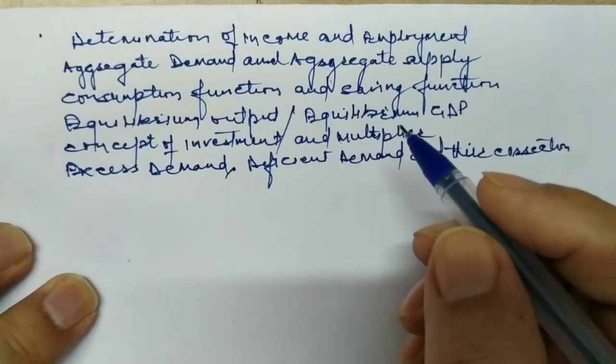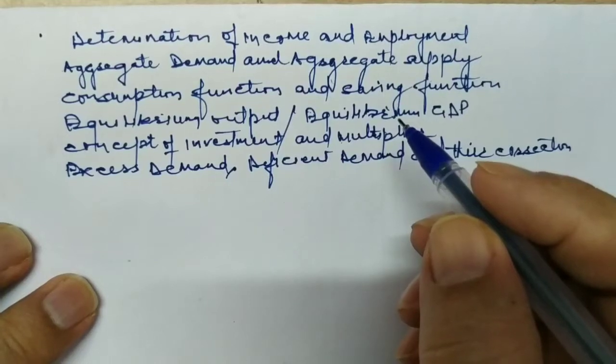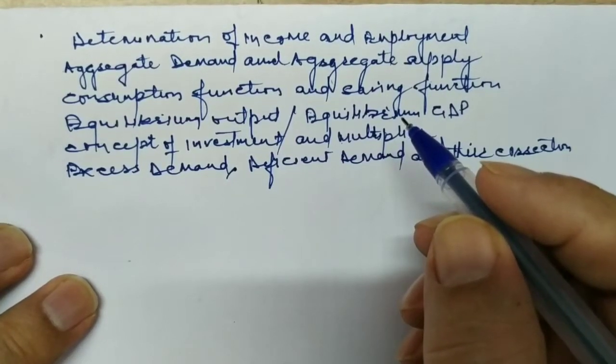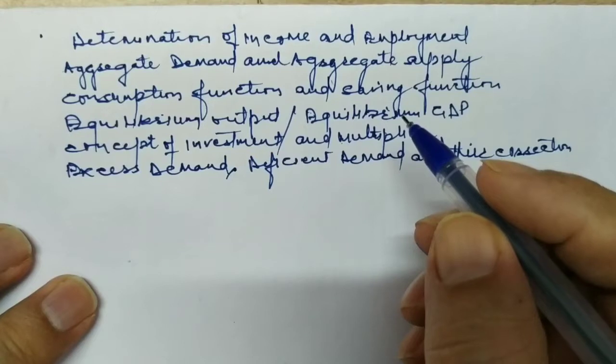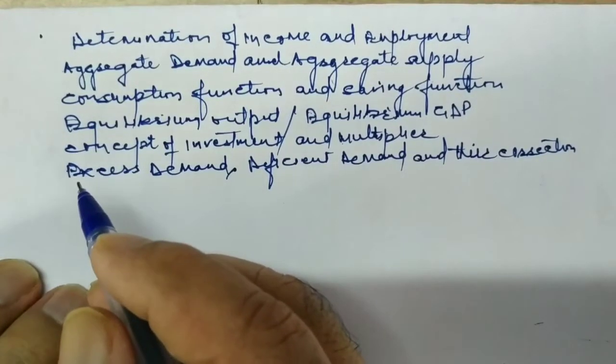These are the subtopics which we are discussing in unit 3, determination of income and employment. Let's start with aggregate demand and aggregate supply.